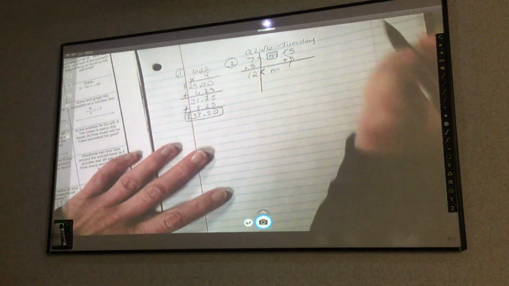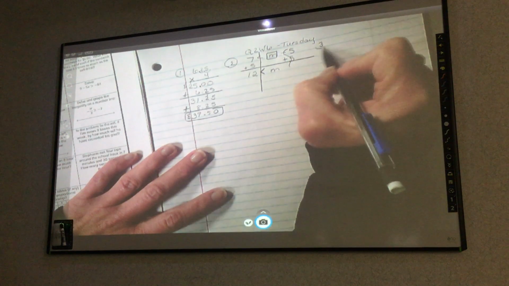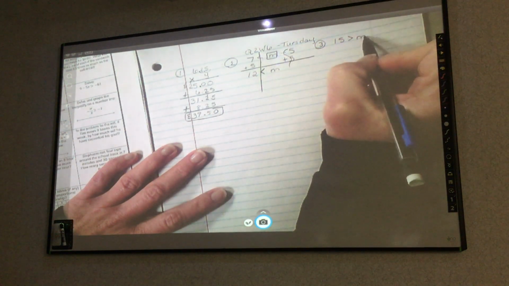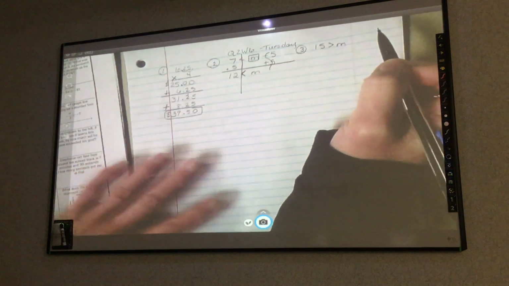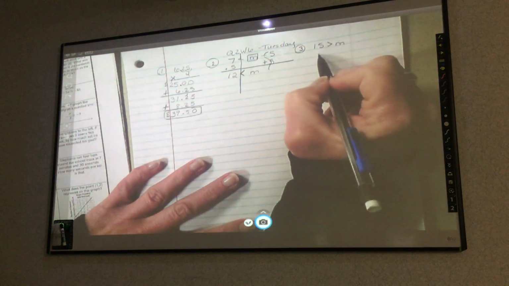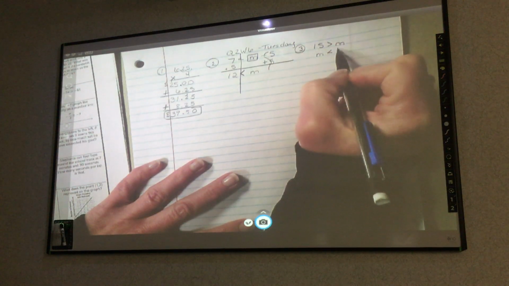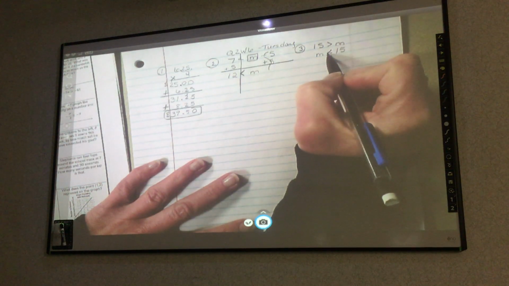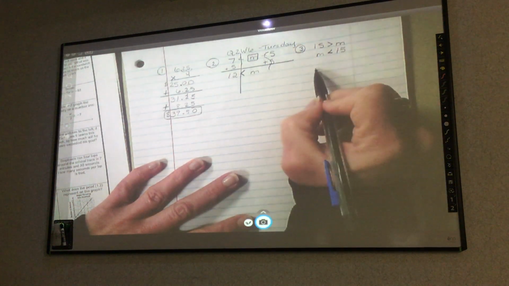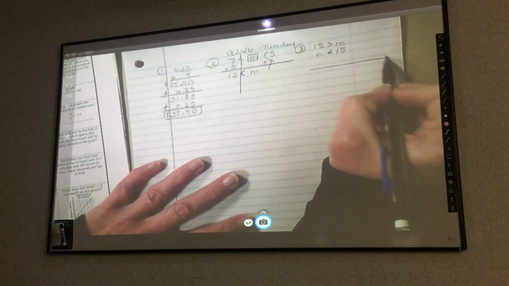Number 3 says to graph the inequality. 15 is greater than M. I like to rewrite it to where M is first. So I put M is less than 15, because then that helps me know which way I'm going to point my arrow. So here's my number line.